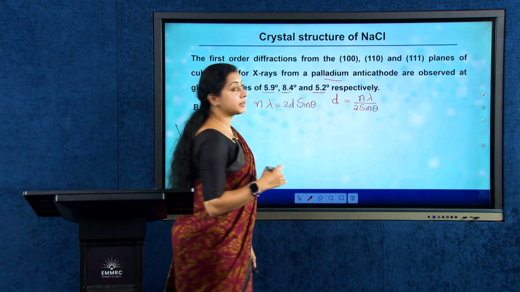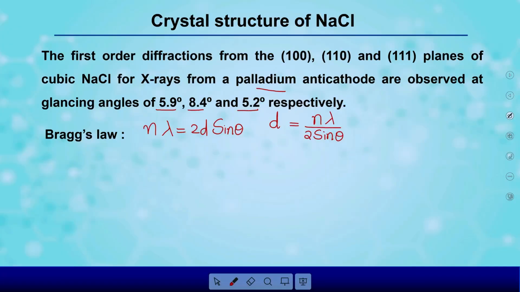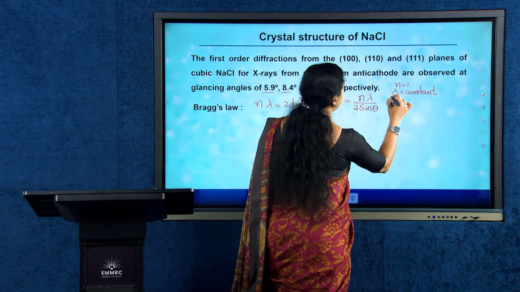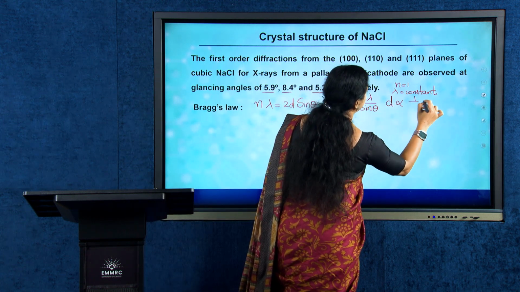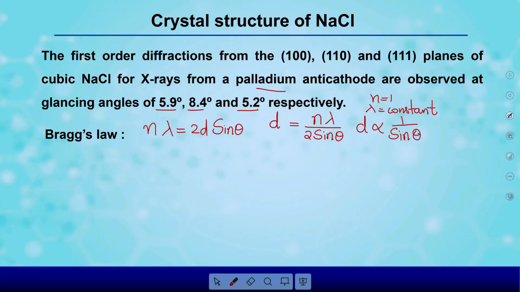It is given that it is a first order diffraction, so the value of n is equal to 1. The wavelength of the X-rays, lambda, will also be constant in a particular experiment. So, if these parameters are constant, then we can write d proportional to 1 by sin theta. Then we can calculate the interplanar distance ratio.